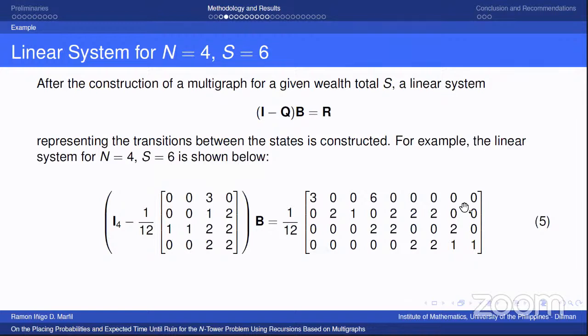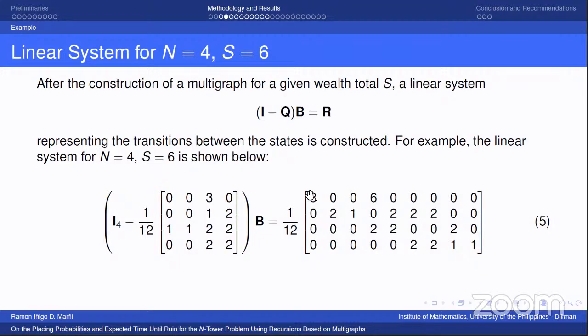For this example, the linear system for n equal to 4 and s equal to 6 is shown below. So yung mga numbers dito, yung mga entries ng matrices dito, represent makukuha natin to base dun sa number of edges na nakuha natin or na-construct natin in the previous slide. Okay?